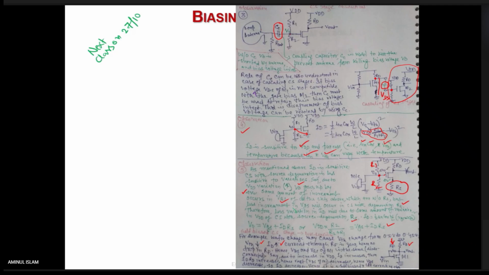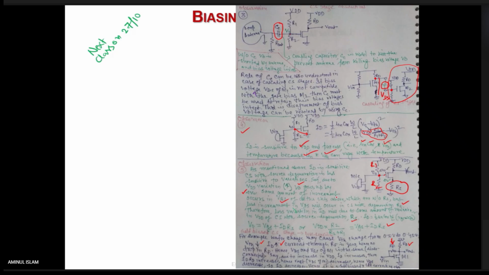So we can think of designing a circuit which may be less sensitive, especially if there is a variation in supply voltage VDD, the variation in current will be less, or rather it may be a more stable or robust design.